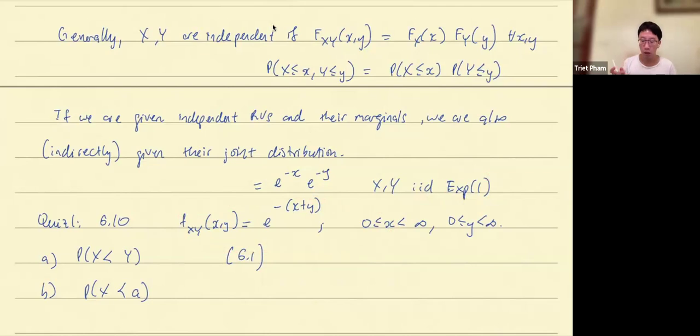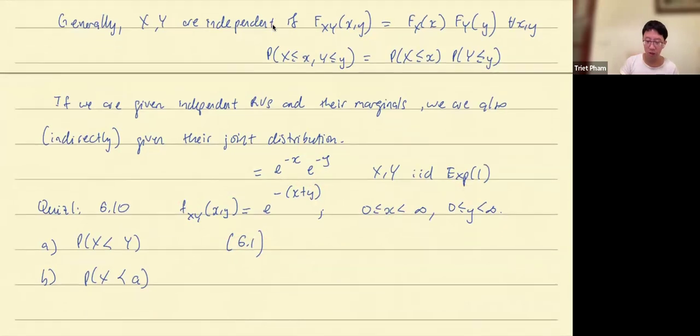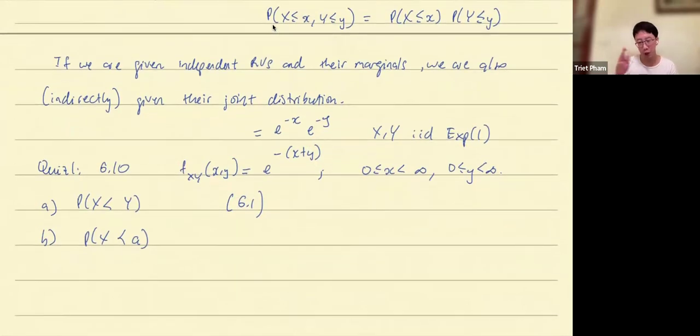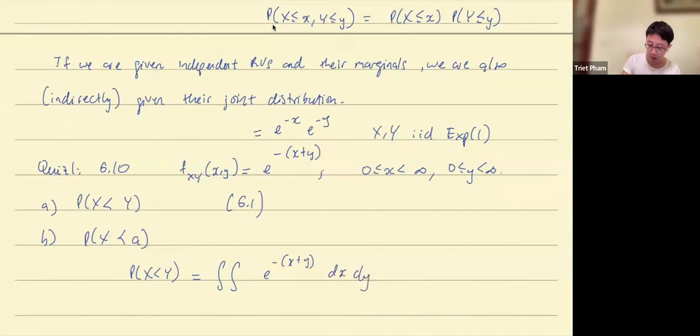So do you see why it will help if you recognize that fact? First of all, let's see how this is done in the good old-fashioned way, meaning using the joint. If you use the joint distribution, then what is P of x less than y? Well, it would be the integral of e to the minus x plus y, dx dy, x less than y, so integrate x from 0 to y, and y from 0 to infinity.